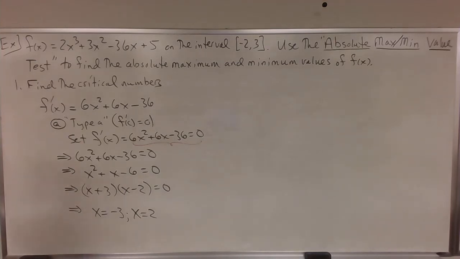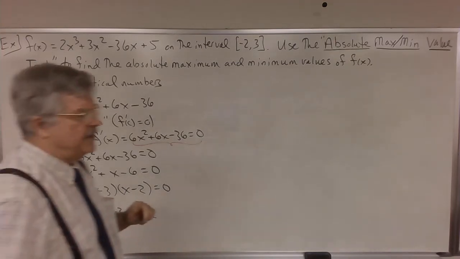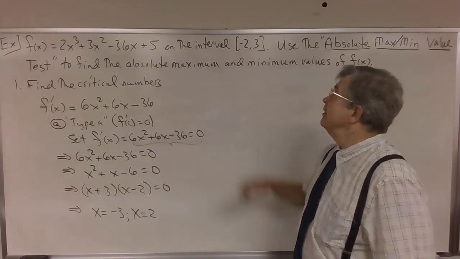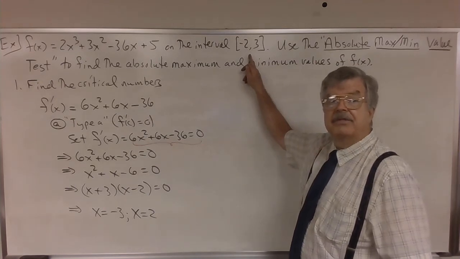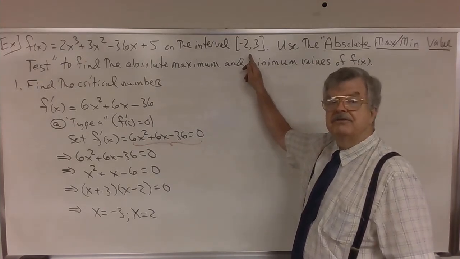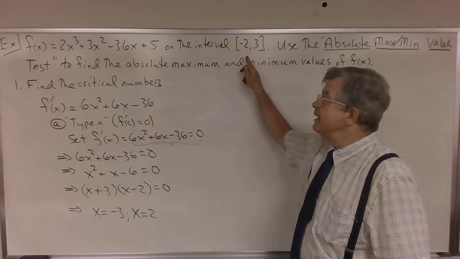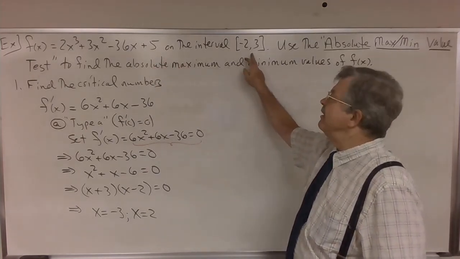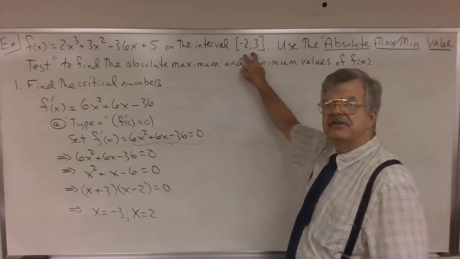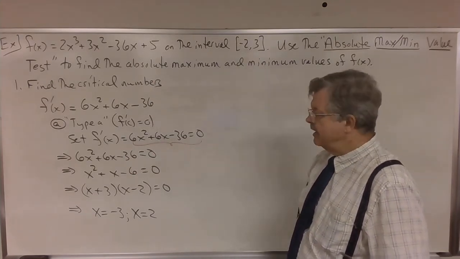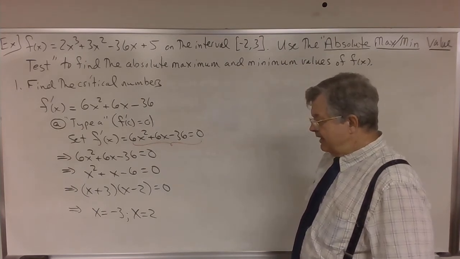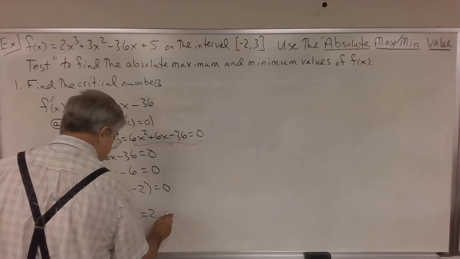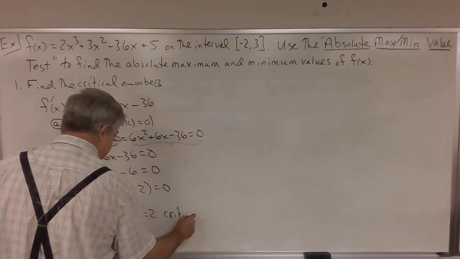And before I go further and make a fool out of myself, let me check something, because remember, we are working within a closed interval of finite length. In other words, f of x is restricted to this interval. Our function f of x doesn't exist outside of this interval. And let me check my critical numbers.